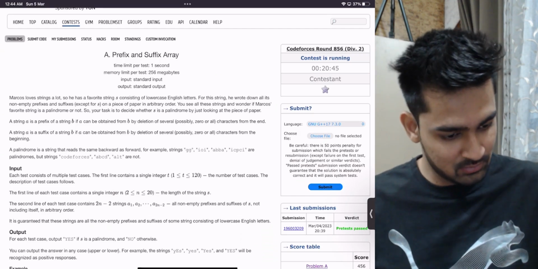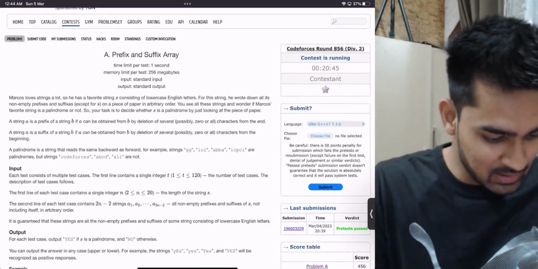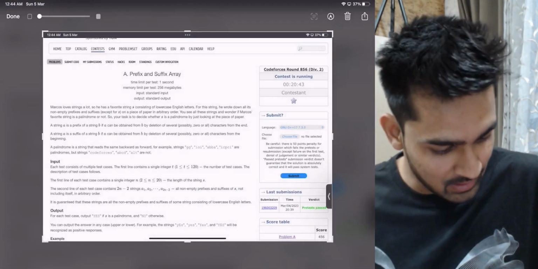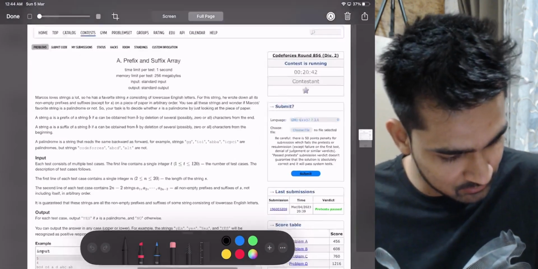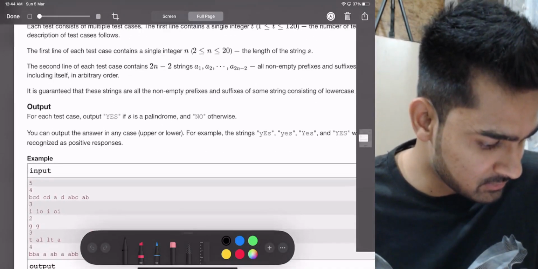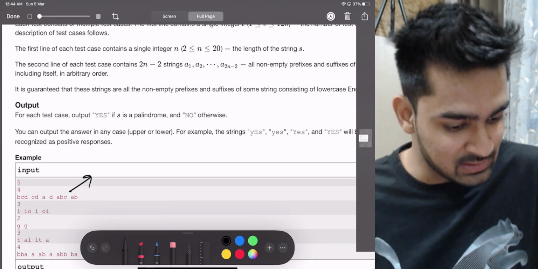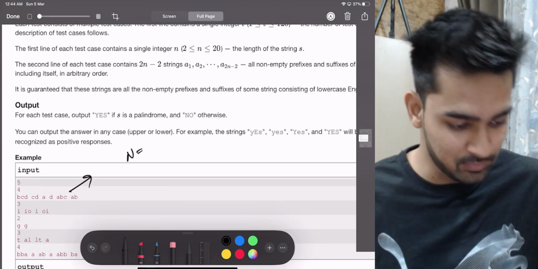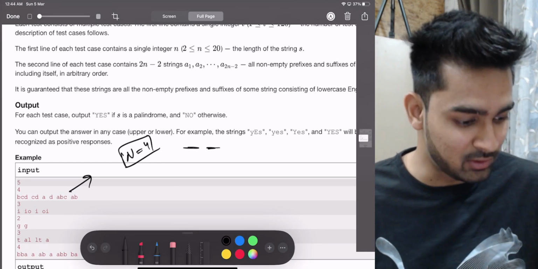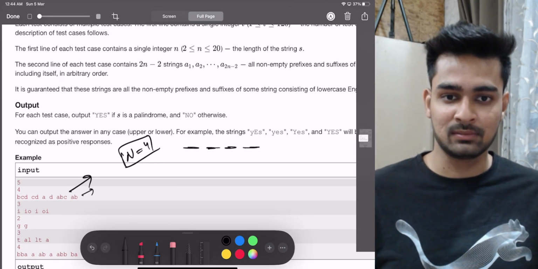Let's take the very first input. Here n is 4. How many strings will we get? We get 2n minus 2 strings. How? One prefix, two prefix, third prefix. We cannot take the entire string, so we are not taking that.